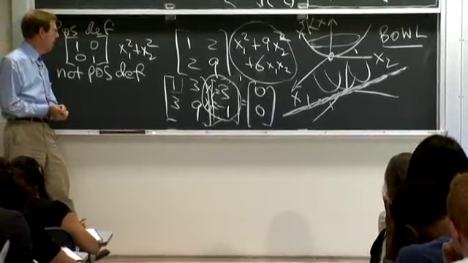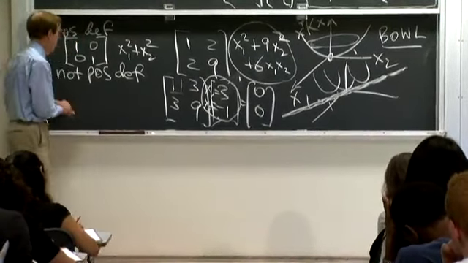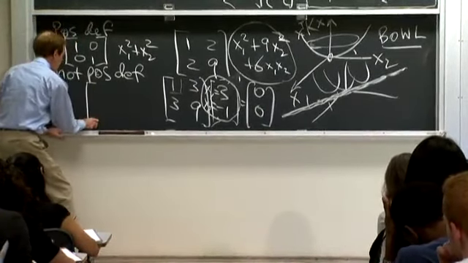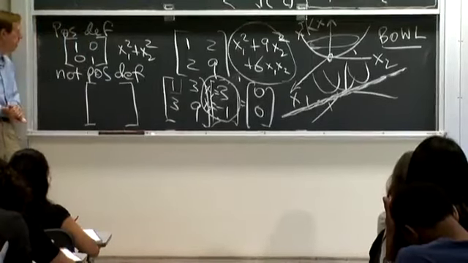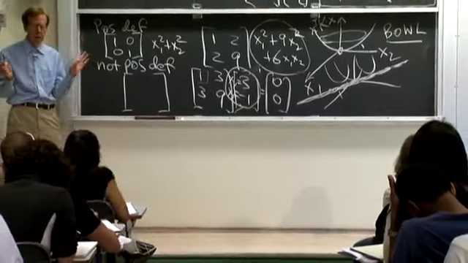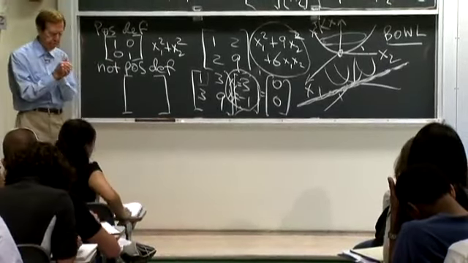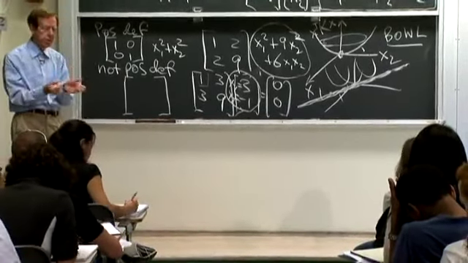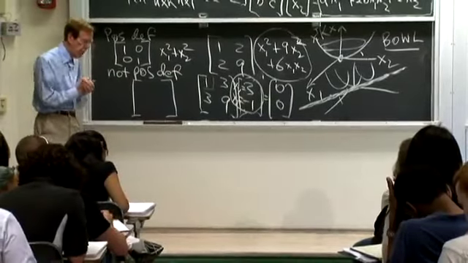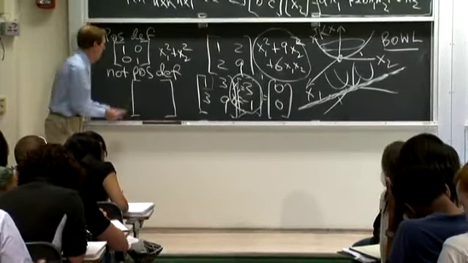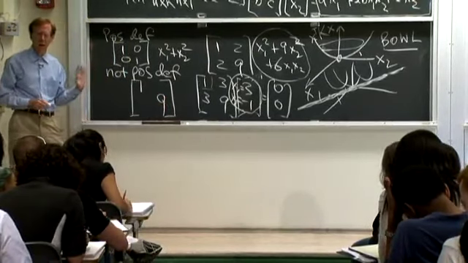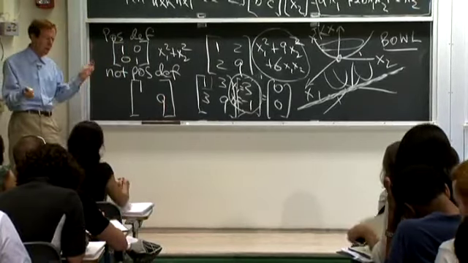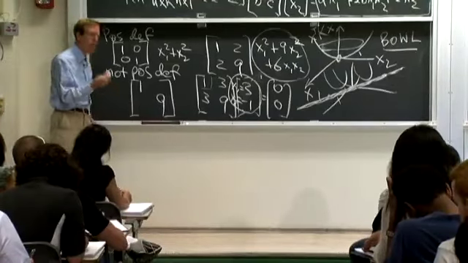Well, suppose I push it a little further. Let me make a place here for a matrix that isn't even positive semi-definite. Now it's just going to go down somewhere. I'll start again with 1 and 9, and tell me what to put in now. This is going to be a case where the off diagonal is too big.